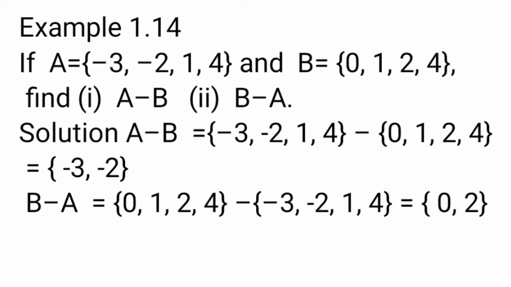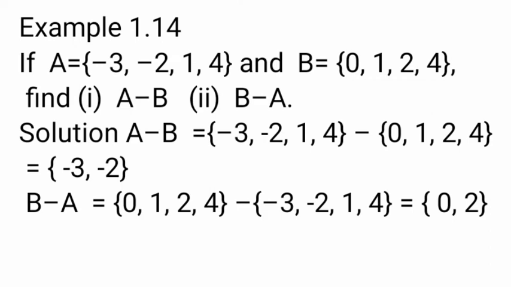Example 1.14. If A equal to {-3, -2, 1, 4} and B equal to {0, 1, 2, 4}, find first A difference B, second B difference A. Solution: A difference B means we write the A and B sets, A minus B. First we cancel the common elements of both sets.